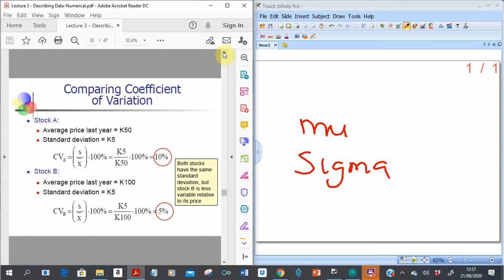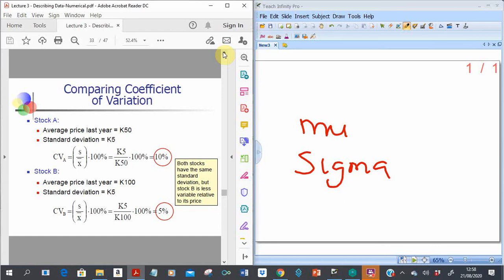And for the other stock, we get 5%. This one shows relative variation. Both stocks have the same standard deviation, but stock B is less variable relative to its price.